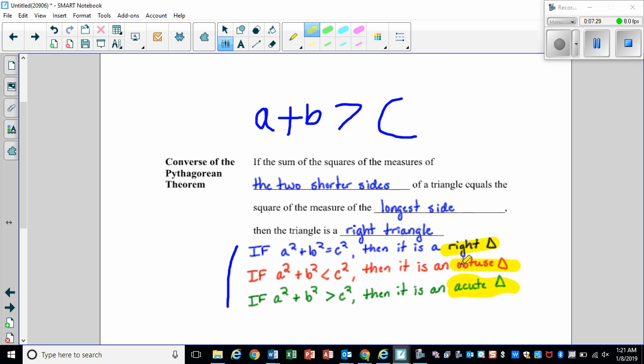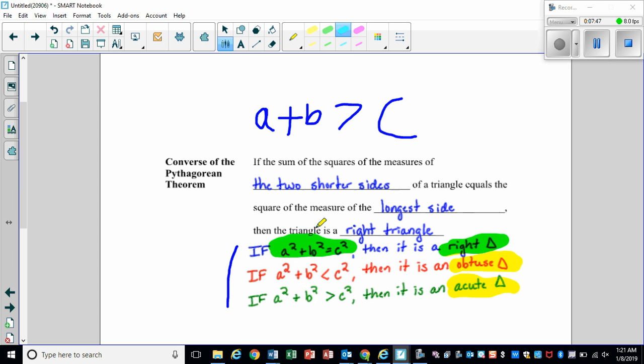So how do I know which one is which, okay? So the rule is, if a squared plus b squared equals c squared, like this, then it is a right triangle, okay?